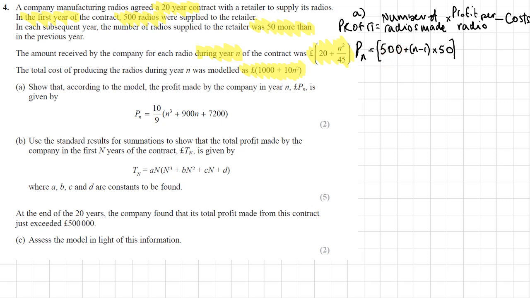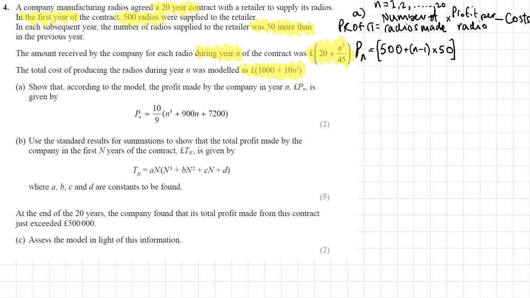So that seems to give me an expression in terms of n, where n is the number of years, starting from 1, so 1, 2, and so on, up to year 20. And that needs to be multiplied by the profit made per radio, and that's going to be this expression here.